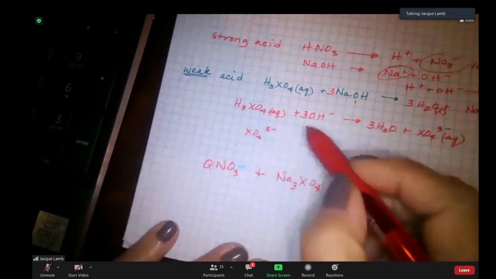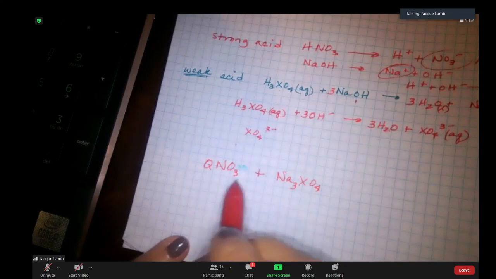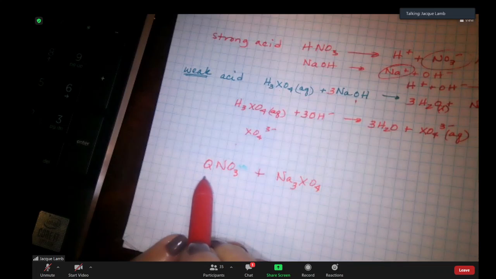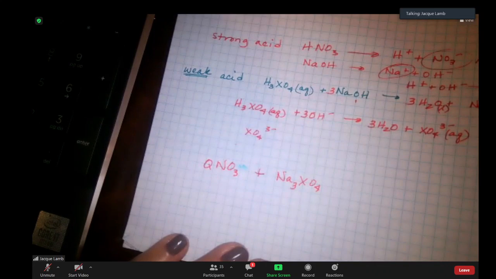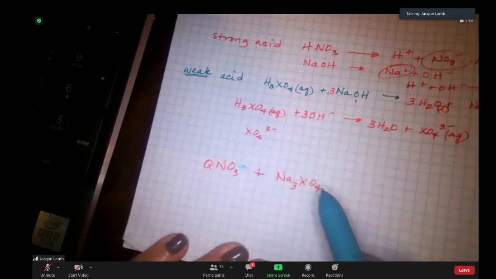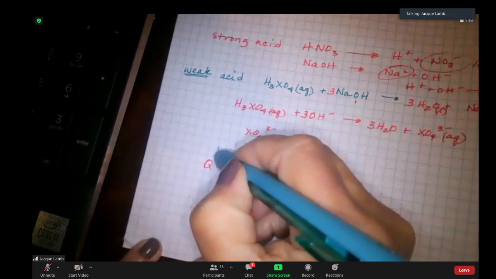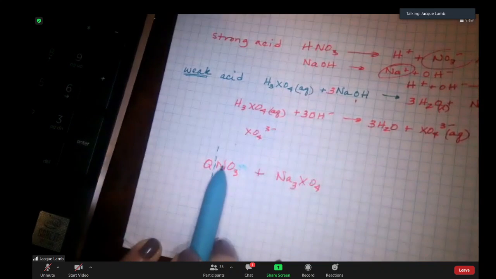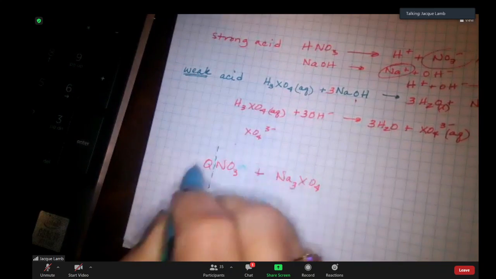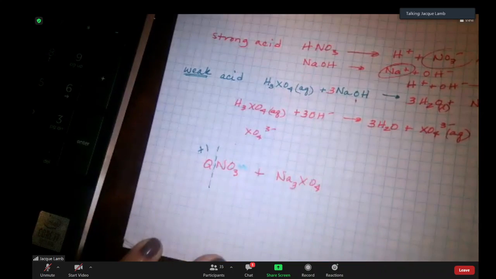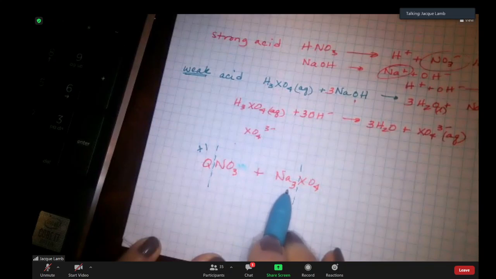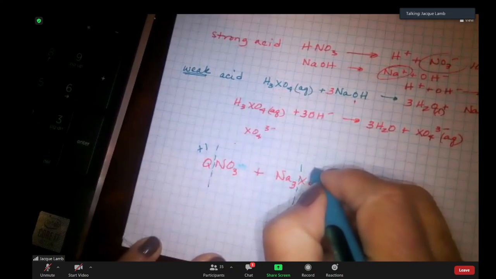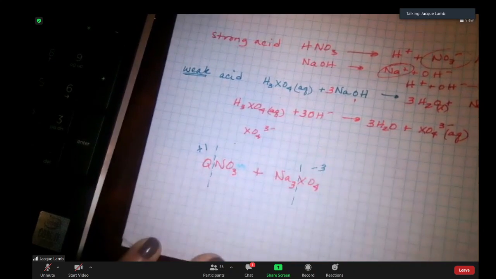This was a net ionic, and you were asked the charges on Q and the anion here. And it's very clear what you have to recognize. I had some people that were splitting these compounds in strange ways. You have to recognize species you know. You know NO3 minus is a -1, so the Q has to be +1. You know that sodium is +1, and there are 3 of them, so this has to be -3.